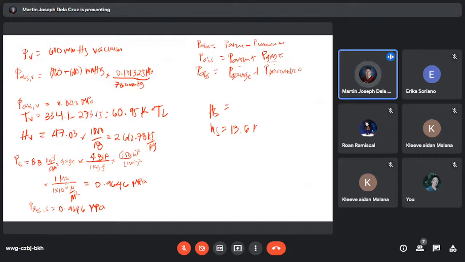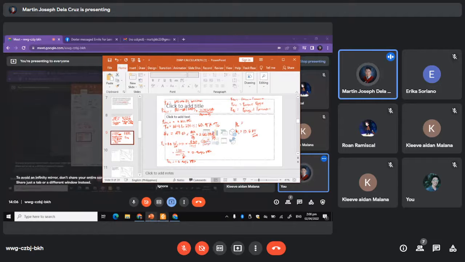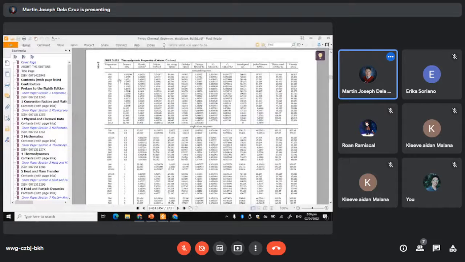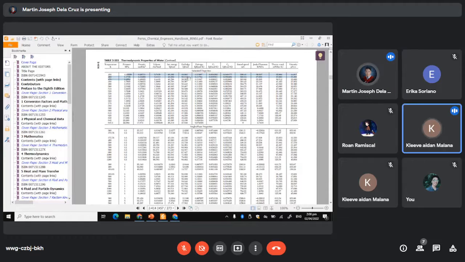And then the other one, for the saturated vapor. So 0.9322, 1.109, and 50. Very good, I got 50 also.